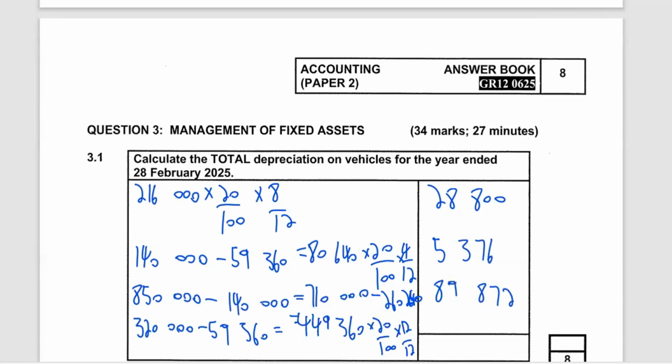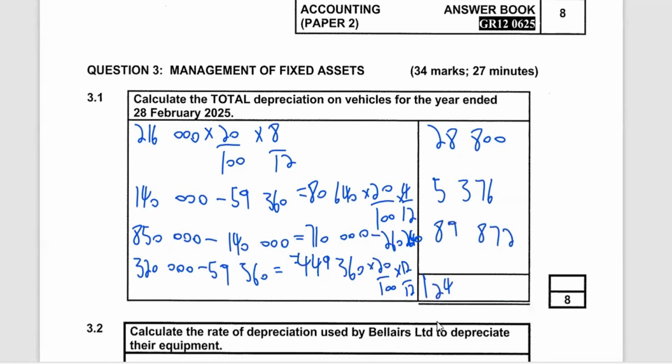So to get our total depreciation for vehicles, we're going to say 28,800 plus 5,376 plus 89,872. Then we get a total of 124,048.